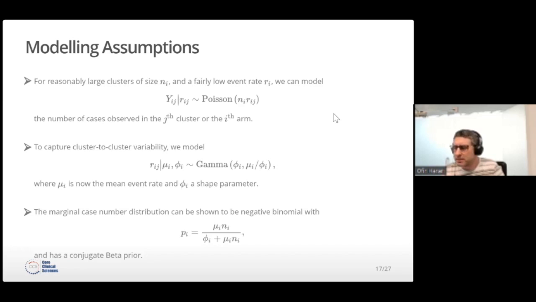This negative binomial distribution has the benefit of having a conjugate beta prior. Again, this is a negative binomial distribution not in the original scale. It's a negative binomial distribution at some transformed scale of the mean event rates of which we care.